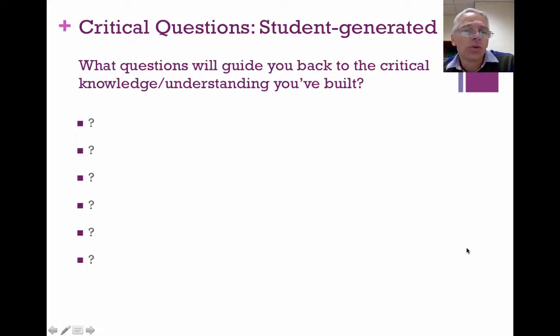All right, so I want to finish up with this slide and have you guys think. Think about what are the questions that you might be able to ask yourself and ask your classmates that will help bring you back to the important knowledge, the key bits of understanding that you're going to need from this chapter.